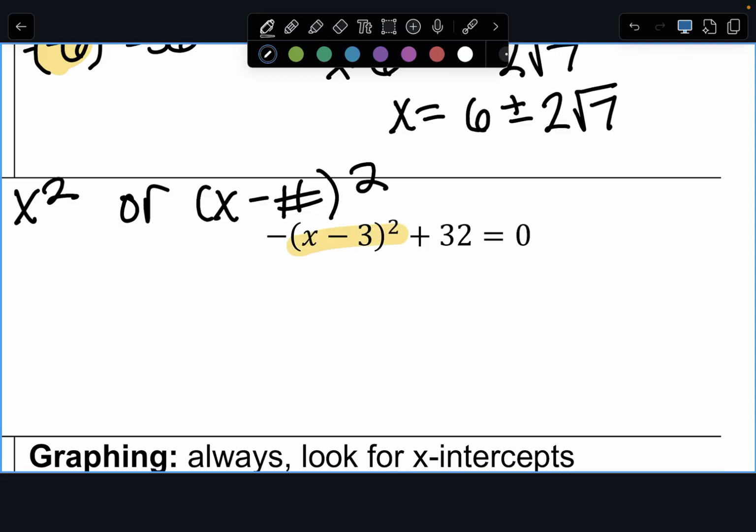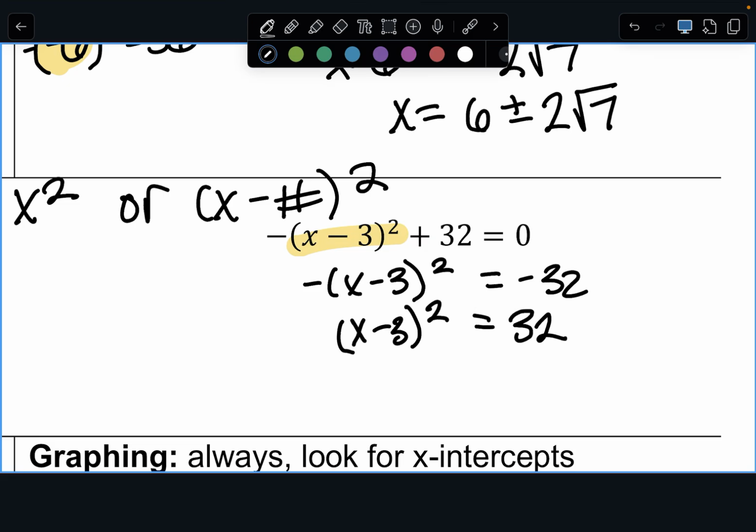The 32. Okay, so negative x minus 3 squared is equal to negative 32. Now what? We need to get rid of the negative. So x minus 3 squared is equal to positive 32. Just divide everything by negative 1, or change the signs.